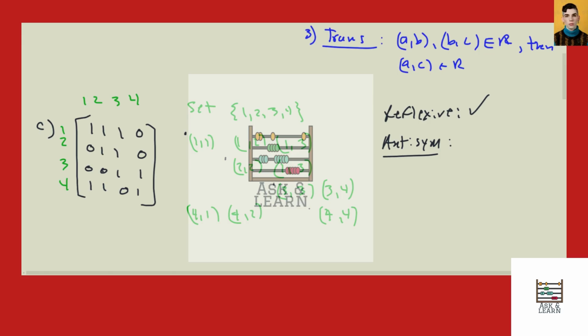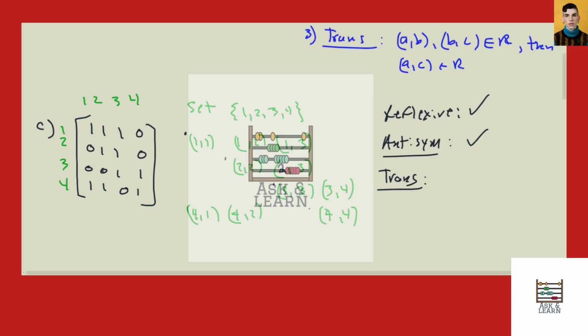We have 1, 3, but no 3, 1, so that's good. We have 2, 3, but no 3, 2, so that's okay. We have 3, 4, but no 4, 3, so that's good. We have 4, 1, but no 1, 4, that's good. 4, 2, but no 2, 4, so that's good. So this is anti-symmetric.